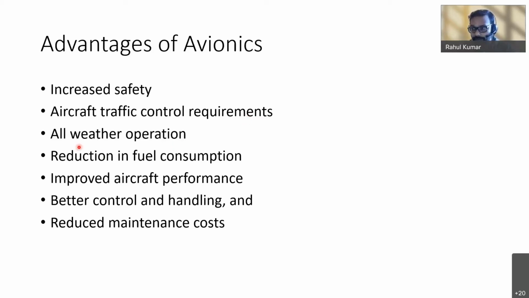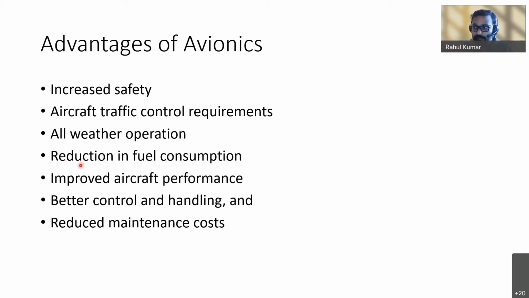All weather operation. In older days, the aircraft could only fly in better visibility conditions or in daytime. But nowadays, with avionics systems like radar and night vision, you can operate the aircraft in all weather conditions, and even at night, in the dark.